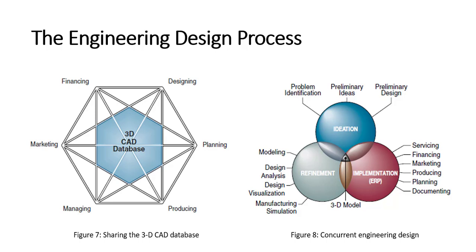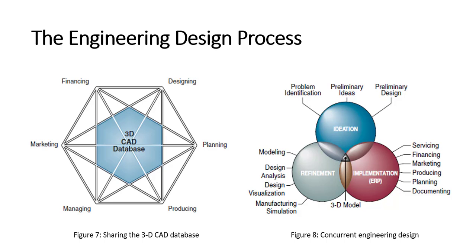For example, in the ideation phase, design engineers interact with service technicians to ensure that the product will be easily serviceable by the consumer or technicians. This type of interaction results in a better product for the consumer.